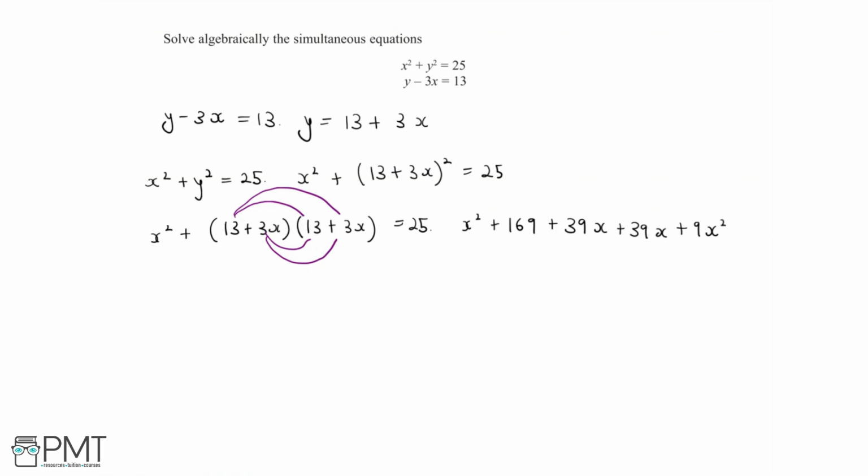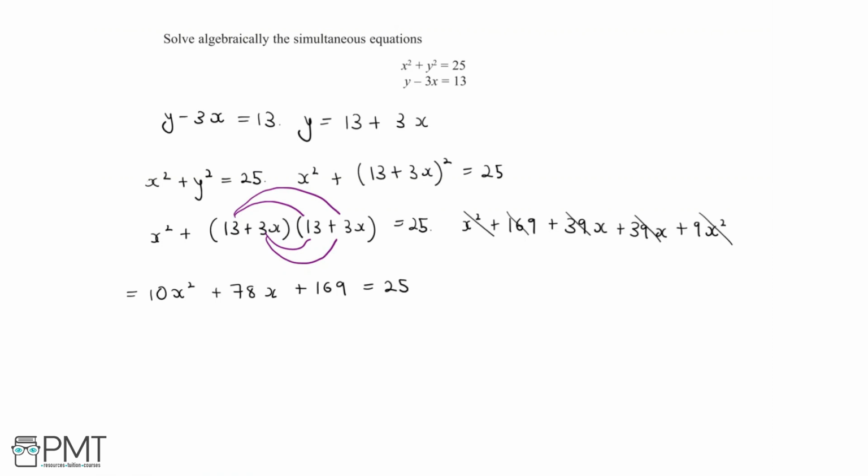We can simplify this further. x squared plus 9x squared is equal to 10x squared. And then 39x plus 39x is equal to 78x. And then we have 169 at the end. And then this is equal to 25, because x squared plus y squared equals 25.